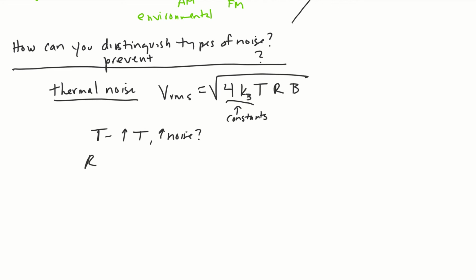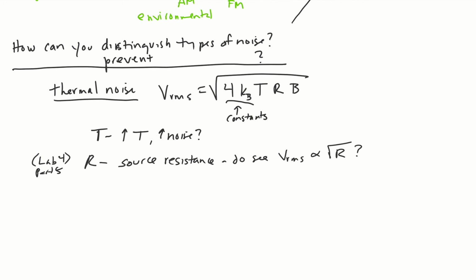What you guys did in Lab 4, Part 5, is you varied the source resistance. So do you see the RMS of the noise scale with the square root of R? Does it scale with the equation?